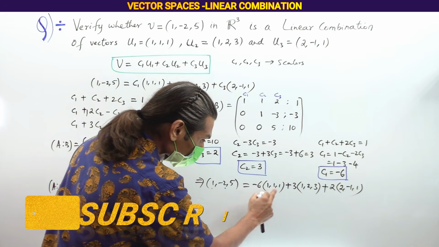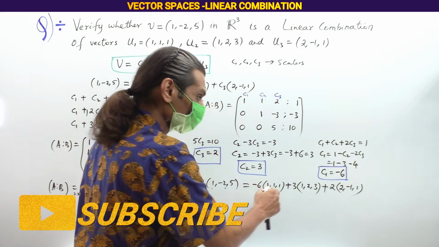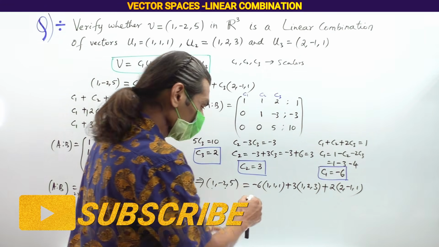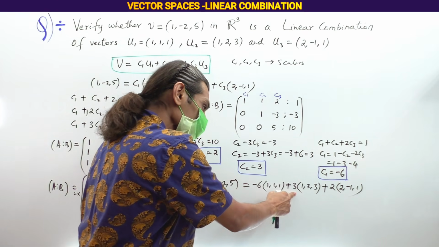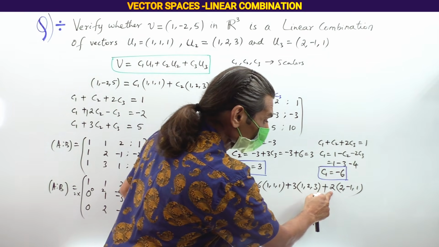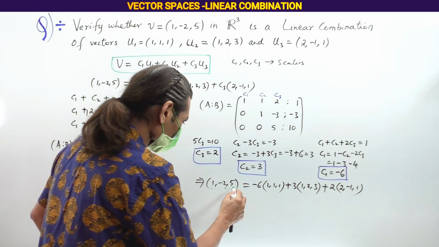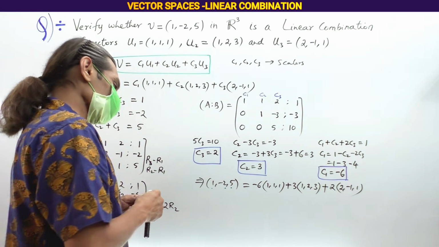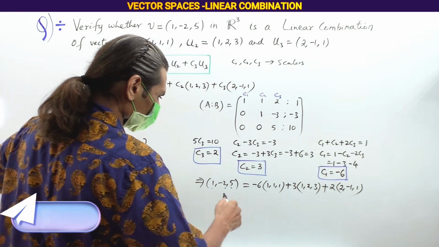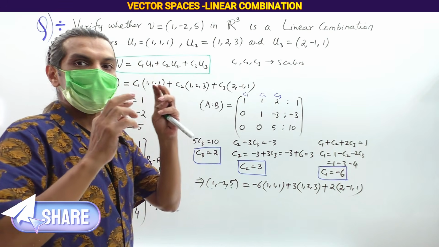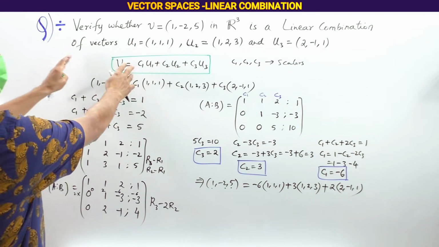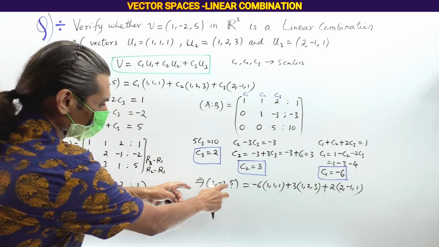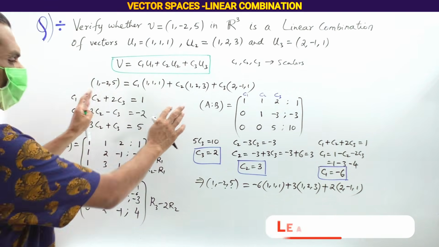Lastly, minus 6 plus 9, correct. Minus 6 plus 3 is 9, so 9 minus 6 is 3, and 3 plus 2 is 5. Perfect. It's verified. Totally, you have verified that C1, C2, C3 satisfy 1, minus 2, 5 when you put them in the equation.